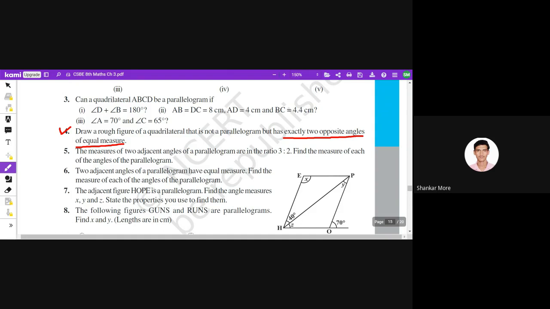Any idea? Okay, let me give you a hint. The last figure that we discussed is the answer. Do you remember which last figure we discussed? What did we discuss last?